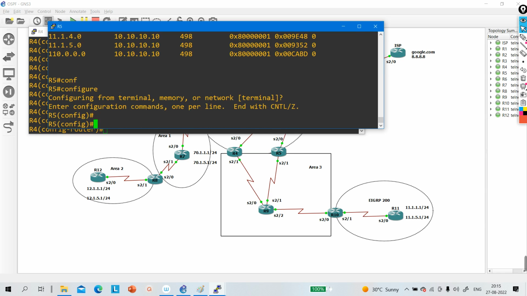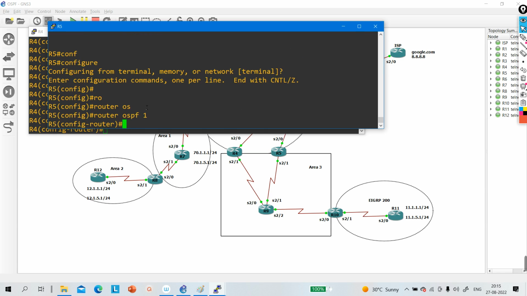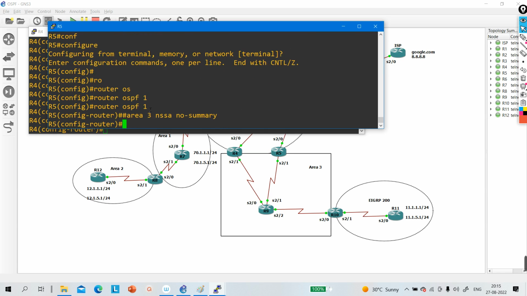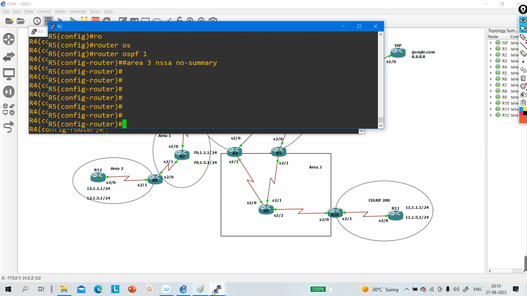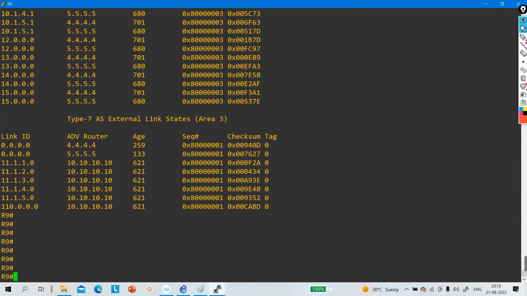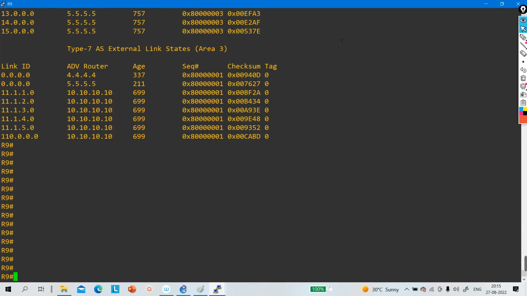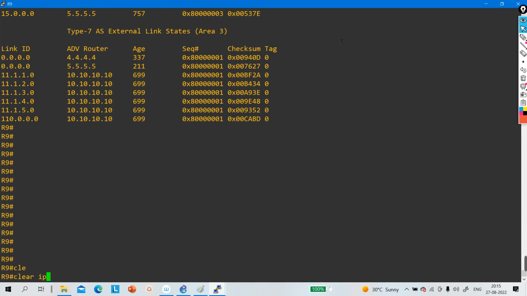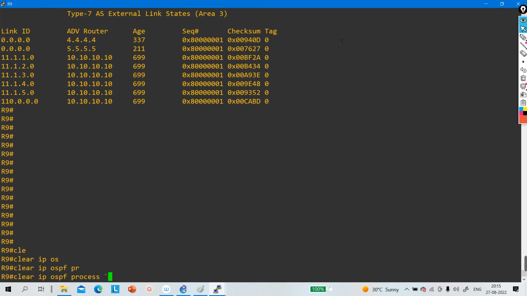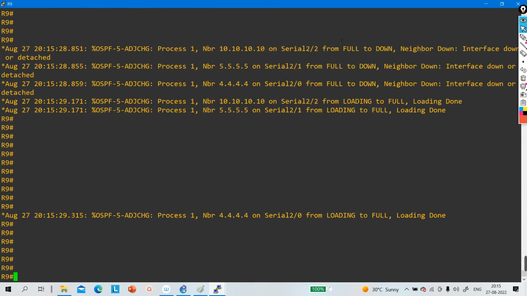Config T, router OSPF process ID 1, and let me paste this command here, right? Now go to router number 9 and you can verify the database. So IP OSPF database. Let me clear the IP OSPF process, say yes, and now you can verify.